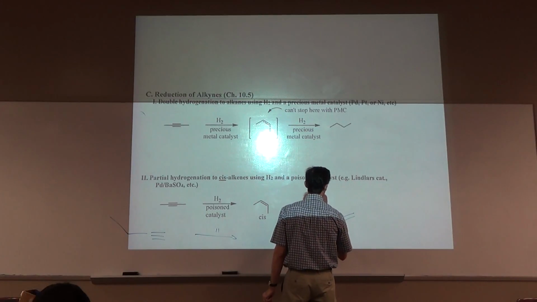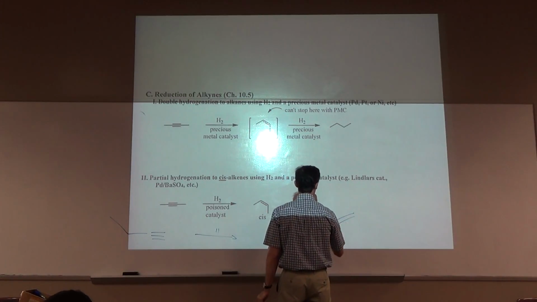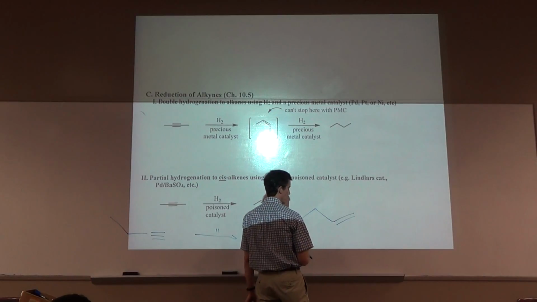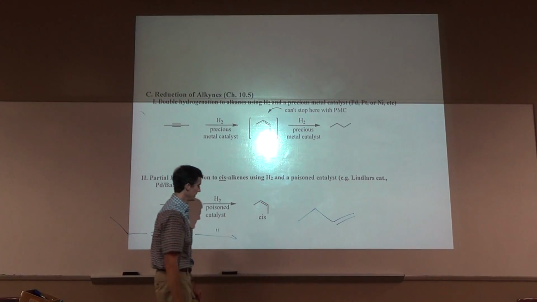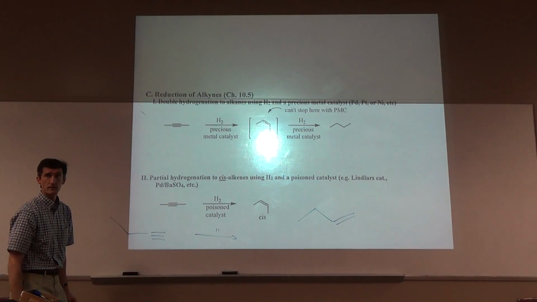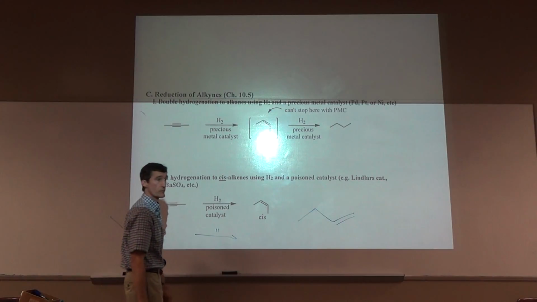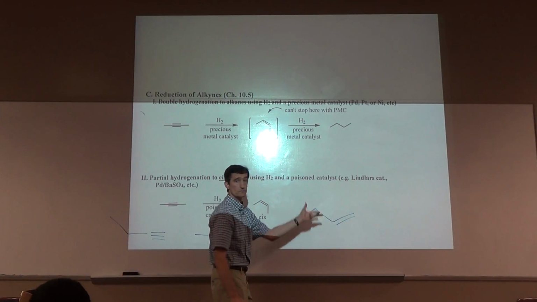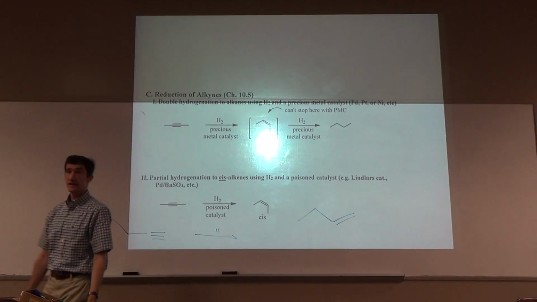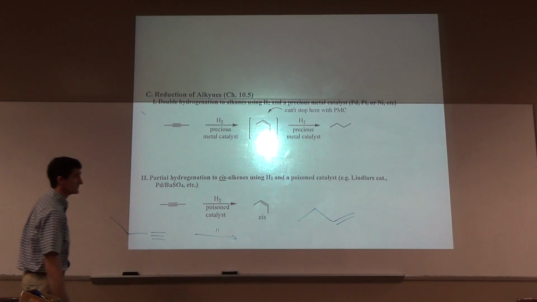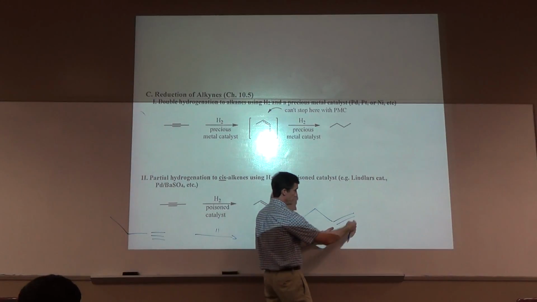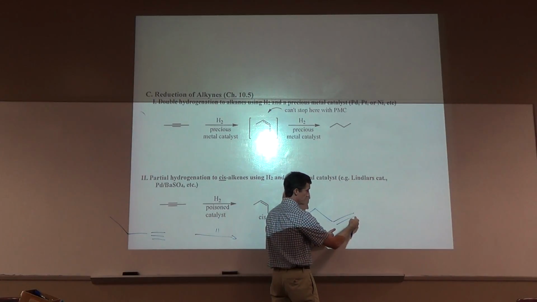Get the alkene. 1, 2, 3, 4. But does the alkene, is it cis or is it trans or what? Neither. It doesn't have cis or trans possibility. That doesn't mean that the two new H's here didn't come in from the same side.